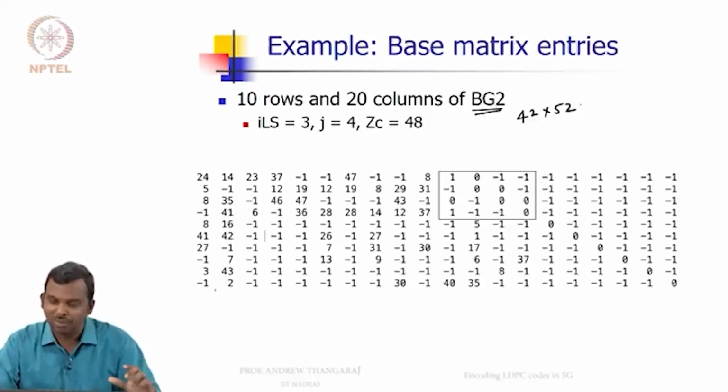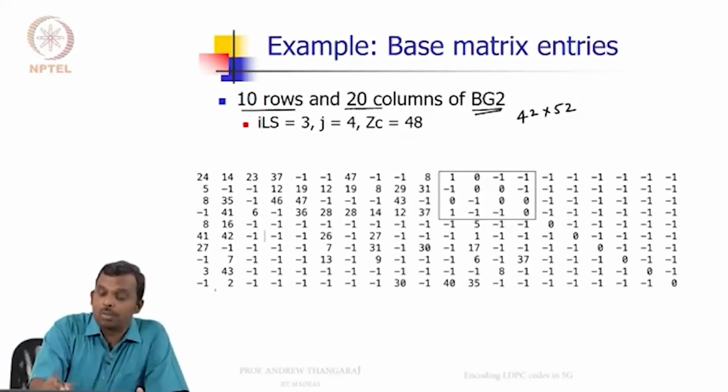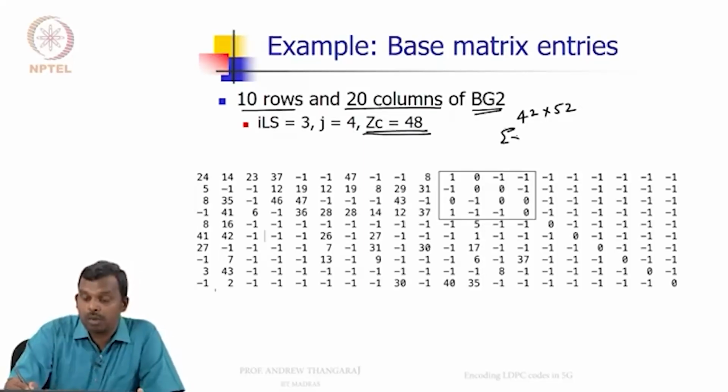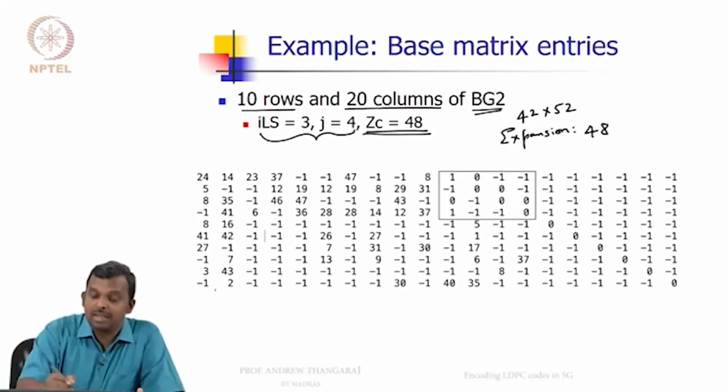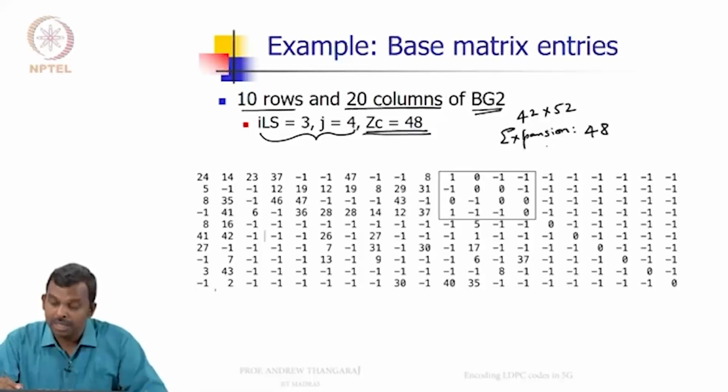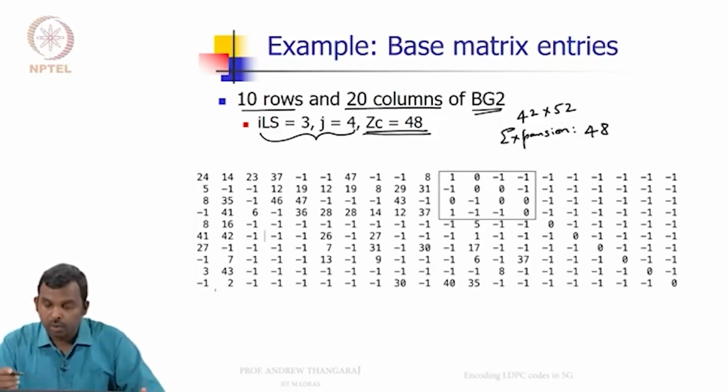It's quite large, it's difficult to capture on the screen, so I'm showing just 10 rows and 20 columns of that matrix. The expansion factor is 48. These two things are just indices which tell you how to look it up in the standard. Expansion is 48, so you'll see the entries go from -1, 0 all the way to 47. And these are the first 10 rows.